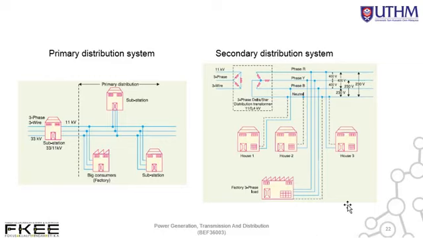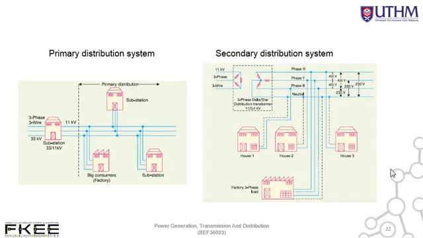Meanwhile, the secondary distribution system would take the power to the consumer at the distribution voltage level. So the voltage is stepped down to a distribution voltage level before it is used by the consumer.